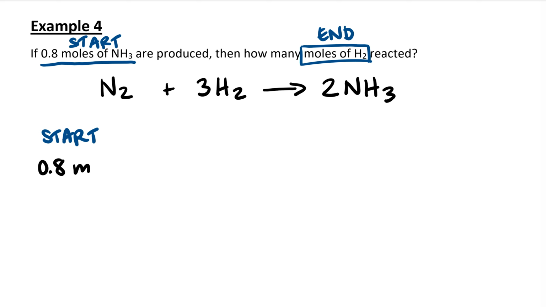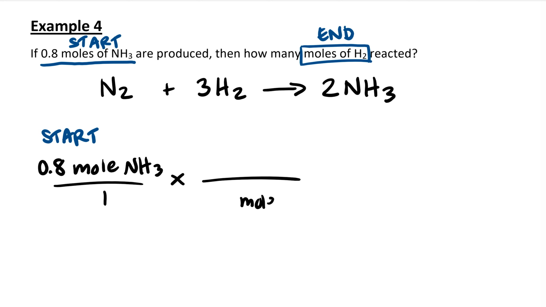You can put it over 1. And then we're going to multiply it by a conversion factor. I know moles of NH3 has to go on the bottom, and we're trying to solve for moles of hydrogen, so that's going to go on top.